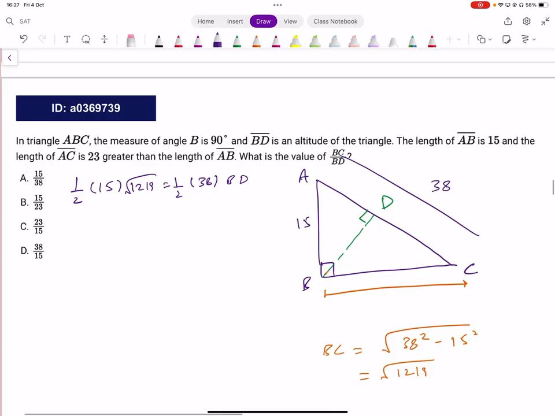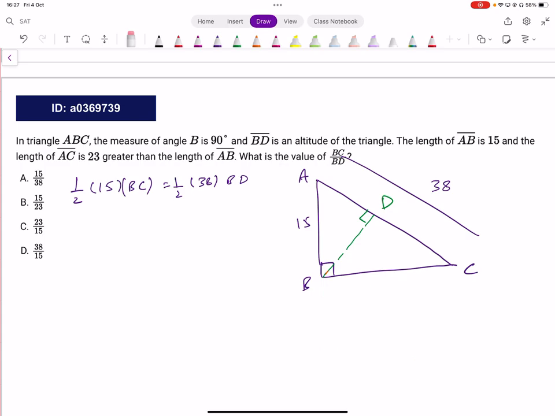And that should give us the length BD. But since we're looking for BC over BD anyway, what's BC? BC is this. So we can actually just do it without finding BC as well. So this working was kind of not required.